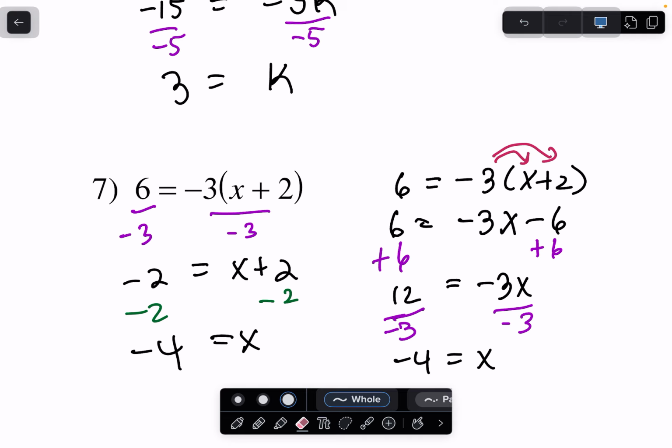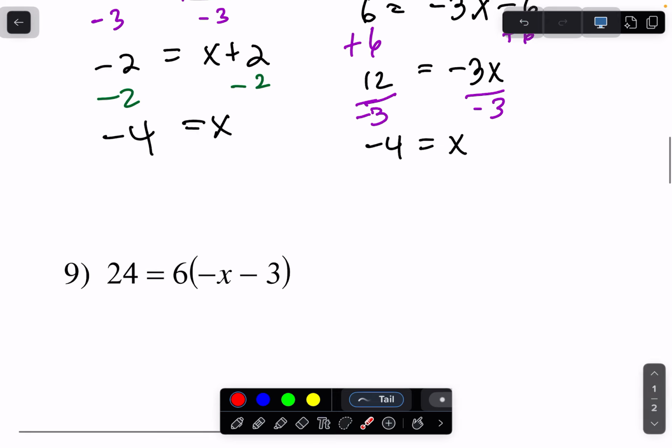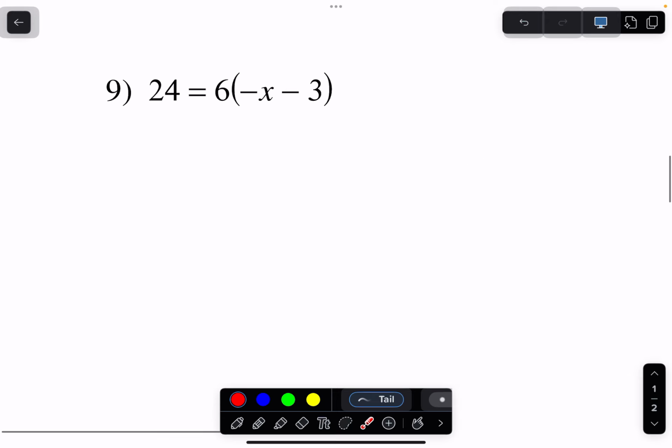Both of our methods get us to the same place. And I always want you to know that if you get the same answer I do, but you take a slightly different path to get there, that's okay. Are we good with the methods we see for number 7 and how those work? Make sense?